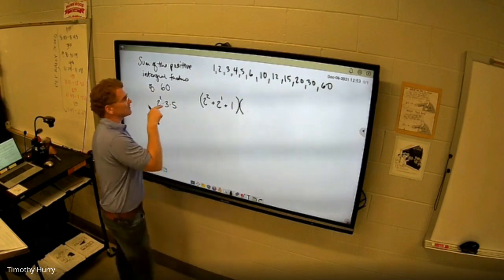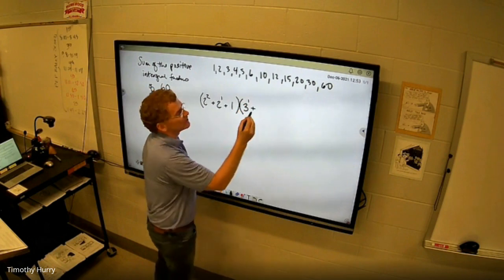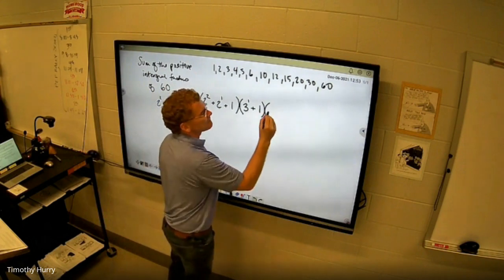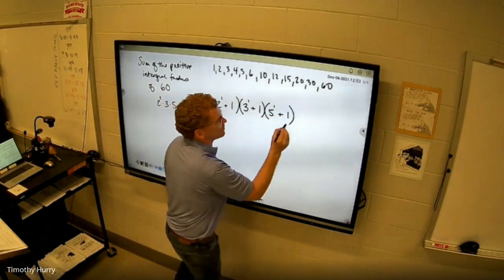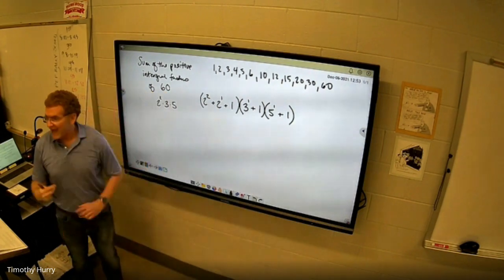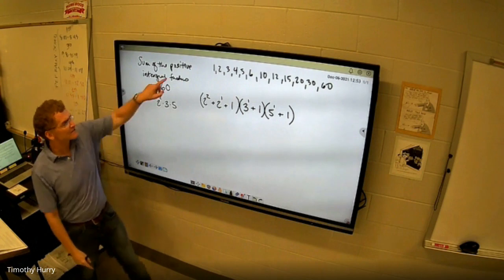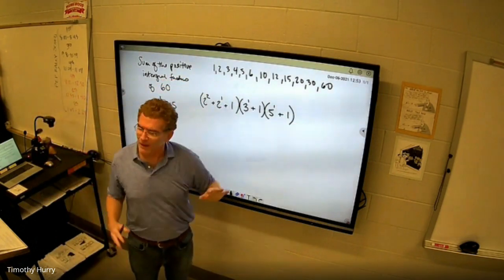Then I take the 3 to the first and add a 3 to the 0, which is also 1. And then I take a 5 to the first and add a 5 to the 0, which is also 1. If I multiply this all together, I'm going to get that all added together. Now, why does that work?